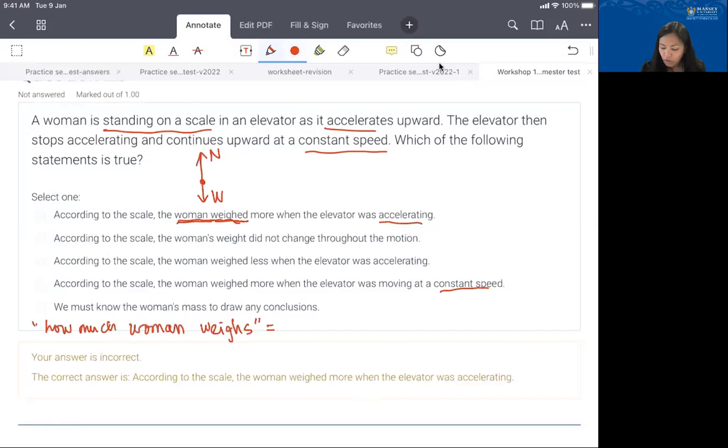The woman's weight is determined by the normal force provided by the scale.